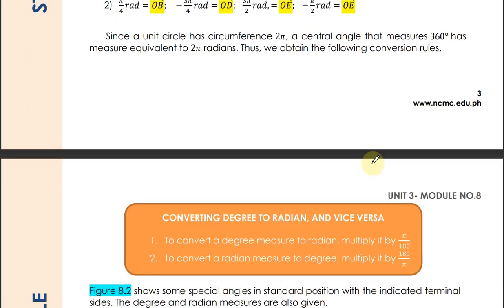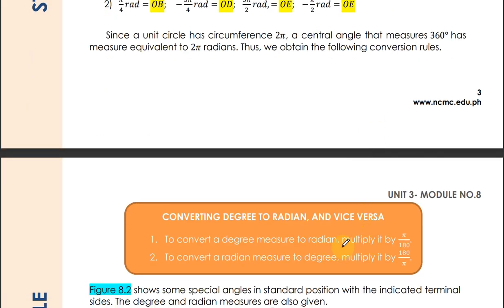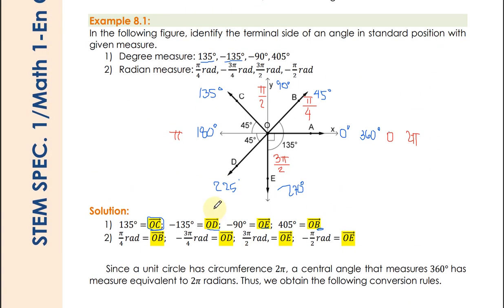Okay, so in converting degrees to radian, you just have to multiply it by pi over 180 degrees because pi is equal to 180 degrees, right? They are equal, pi of 180.